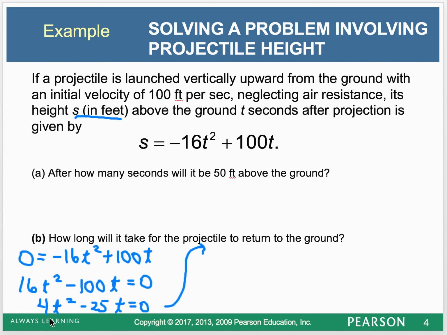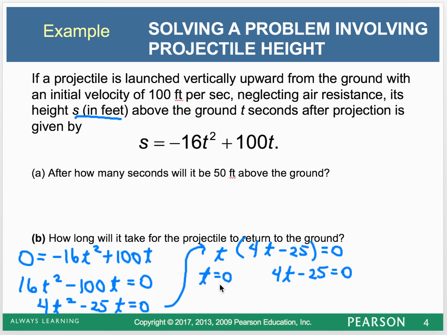So I can factor out a t, and that's going to leave 4t minus 25 equals 0. That means either t equals 0 or 4t minus 25 equals 0.